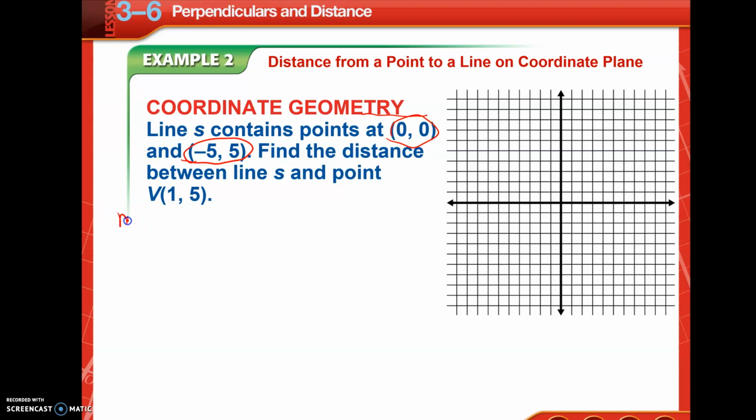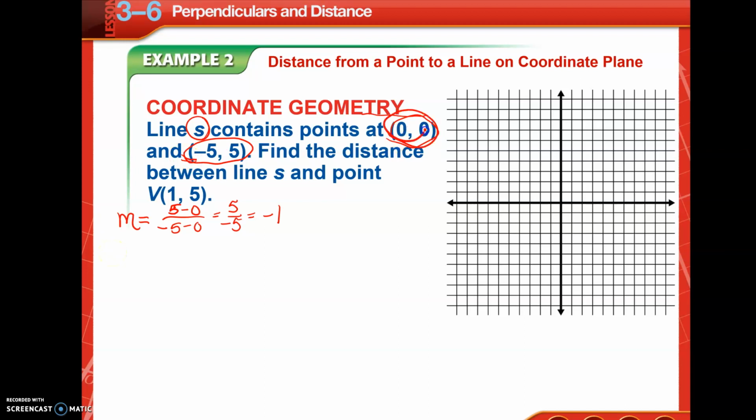So remember, we found the slope first, so we're going to do that. We're going to write an equation of line S. So we're going to find our slope first. So I'm going to subtract my y's, 5 minus 0, and subtract my x's, negative 5 and 0. And I get 5 over negative 5, which equals negative 1. So that's the slope of my line. And then I'm going to pick a point.